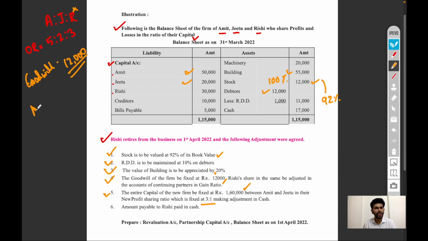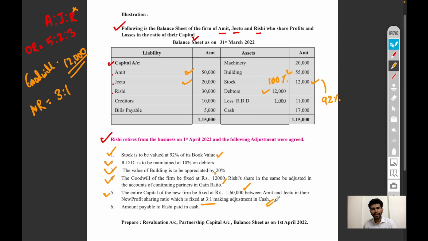The new profit sharing ratio is also given, 3 is to 1 between Amit and Jitu, and the new capital will be 1,60,000 rupees in total. So we have to increase the capital of Amit and Jitu, and the total of 1,60,000 rupees will be in the outer column.